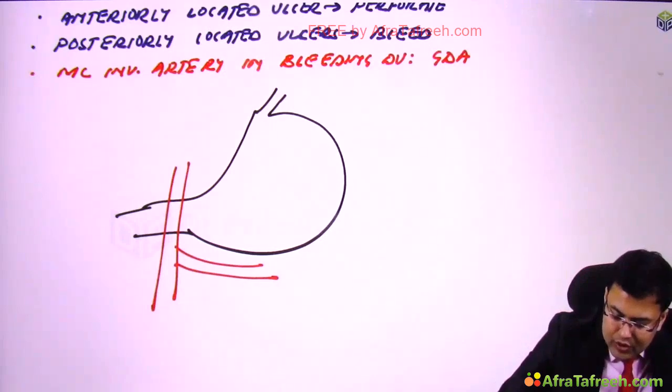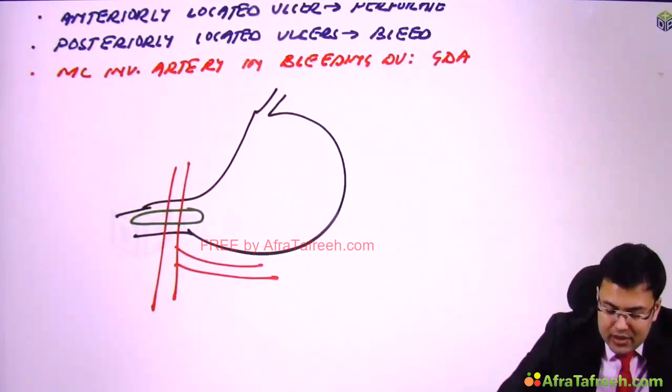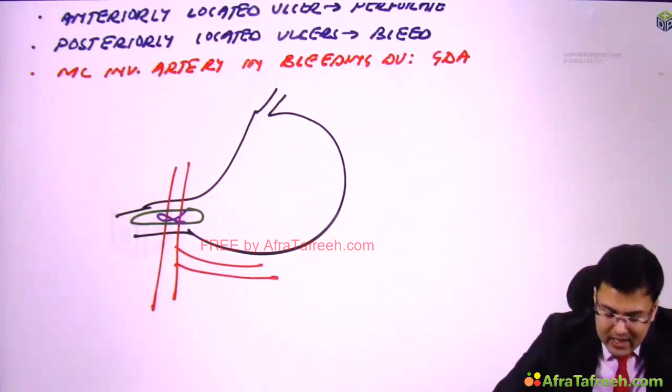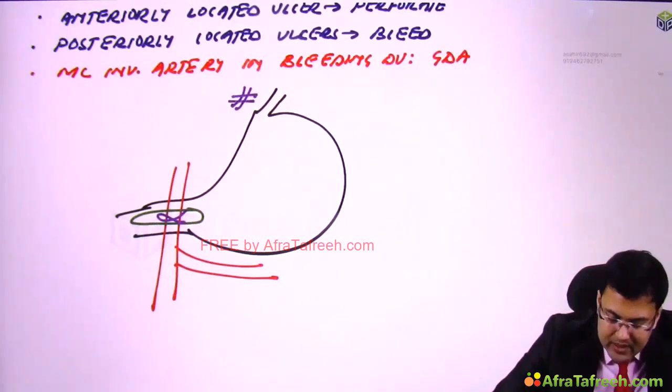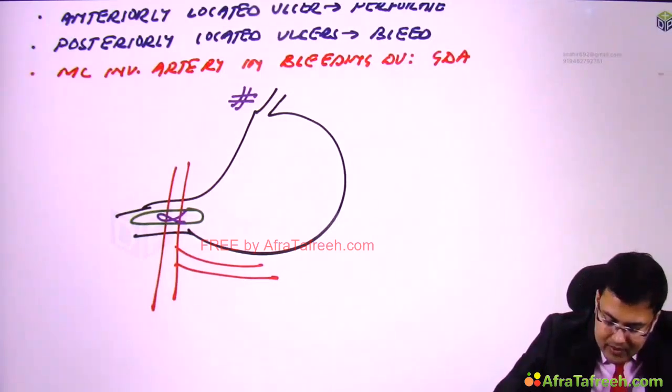So I'm going to open the duodenum, performing a duodenotomy. After duodenotomy, I'm going to ligate the bleeding vessel. After that, I have to perform the truncal vagotomy to decrease acid output. And after that, we have to perform pyloroplasty at this site.